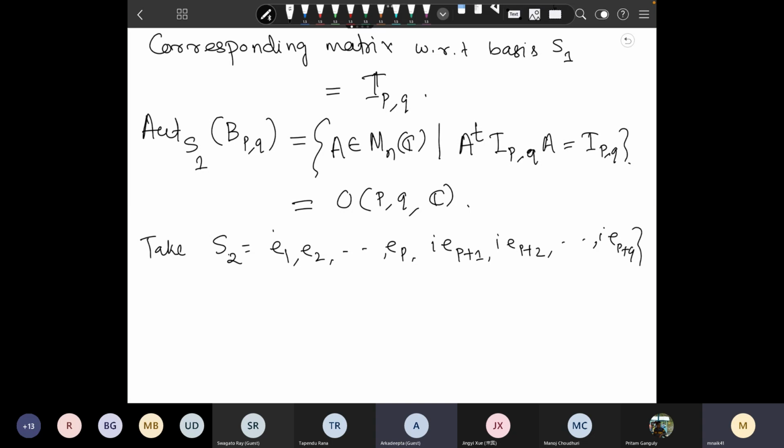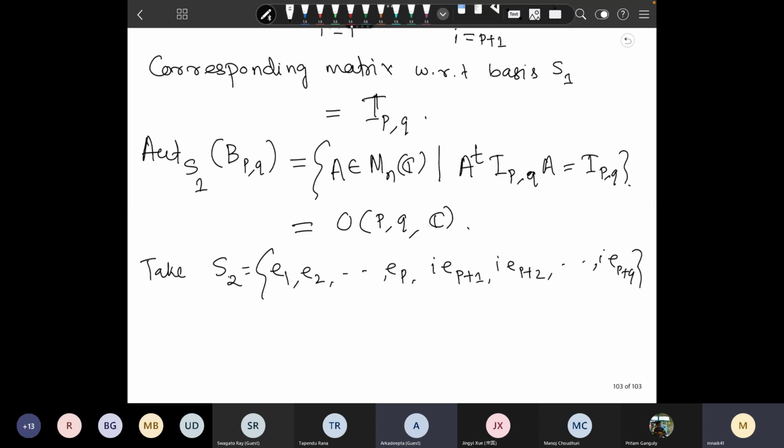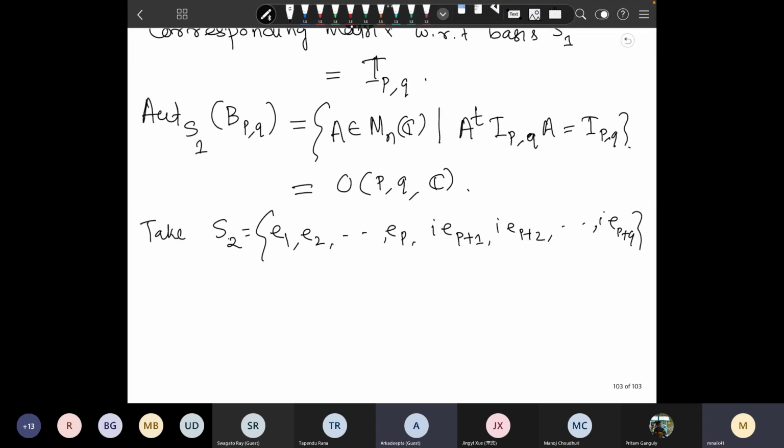I will take the first P elements of the standard basis as they are, and the last Q elements I will just multiply by i. Let me write this as W1, W2, up to WP, WP plus 1, WP plus 2, up to WP plus Q.